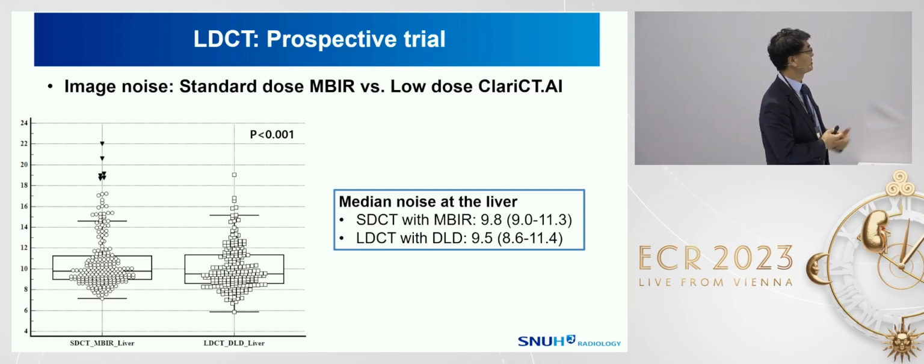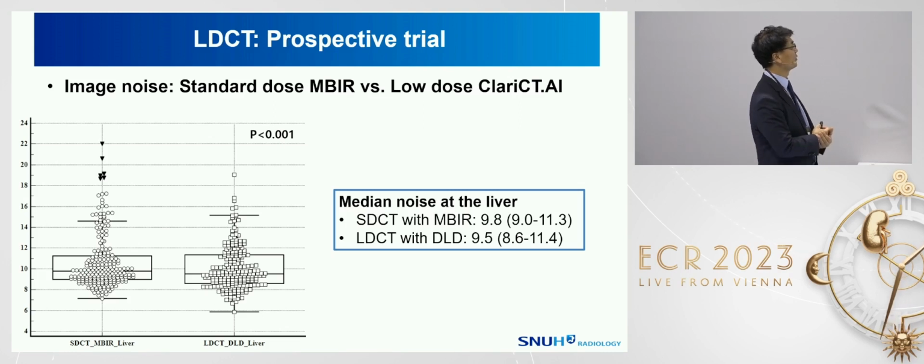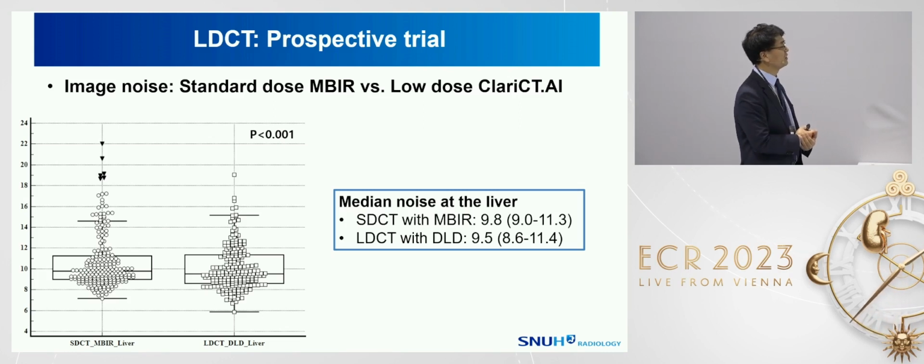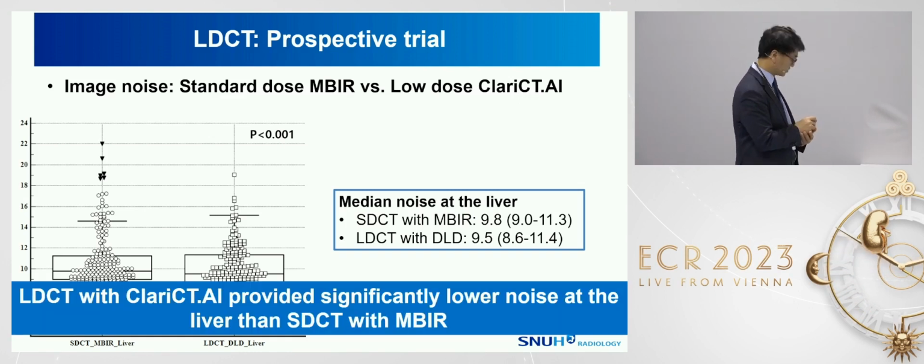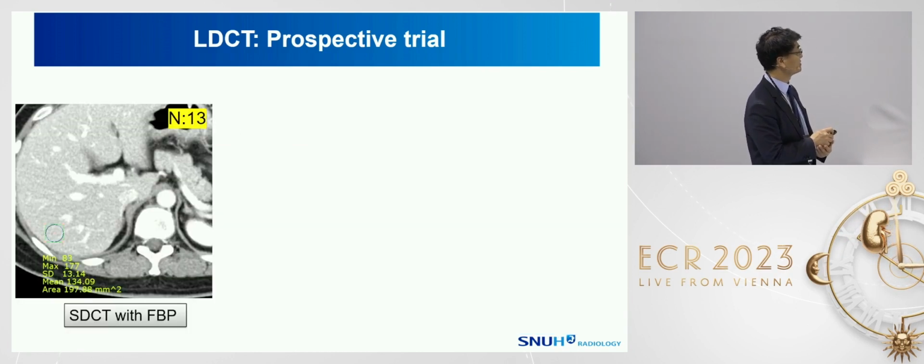When we compared, the noise level was similar. Standard dose CT with MBIR noise level was 9.8, which is a decent low image noise. And low dose CT with ClariCT.AI was also 9.5, so almost the same. So same image quality or slightly lower image quality.